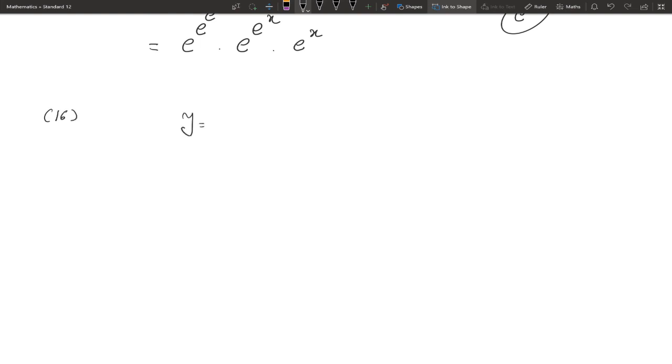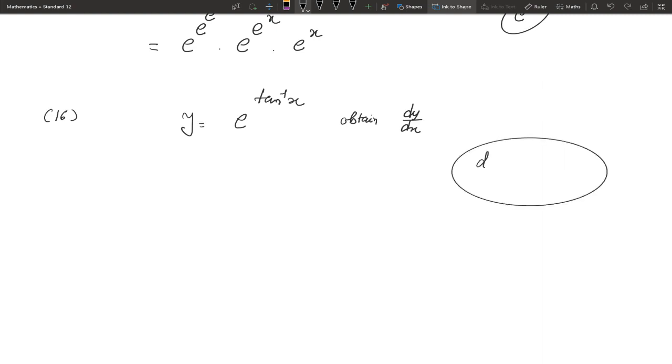We take one more example. Y equal to e raised to tan inverse x. Obtain dy by dx. Question is obtain dy by dx. So first use the formula d by dx of e raised to x.